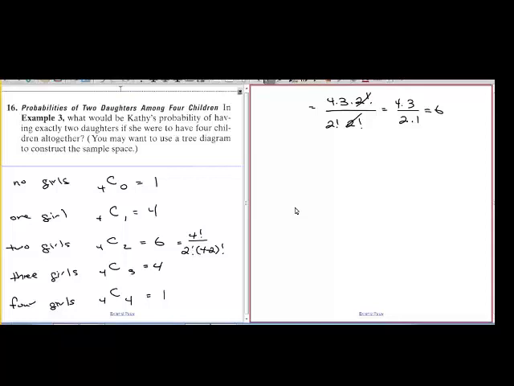Answering the probability questions, once you've done the counting part, is pretty easy. So the probability of getting exactly 2 girls, which is the same as getting exactly 2 boys, is equal to 6 divided by 16, which we would simplify down to 3/8.